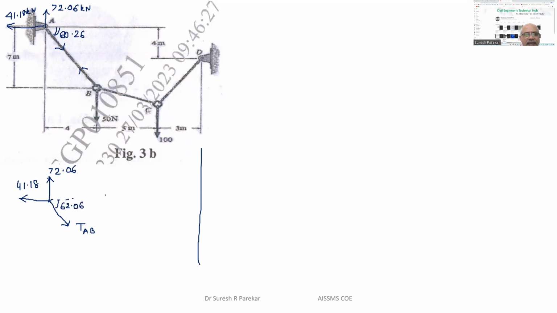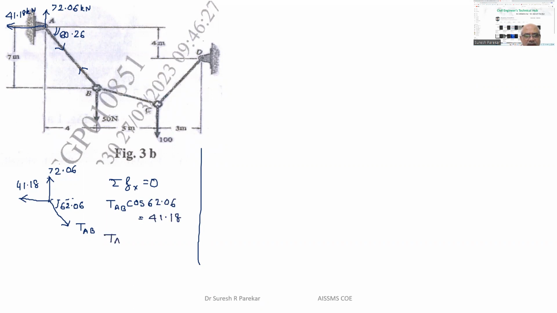Now you can take any one. I will consider summation Fx equal to 0, and I get TAB cos 60.26 equal to 41.18.